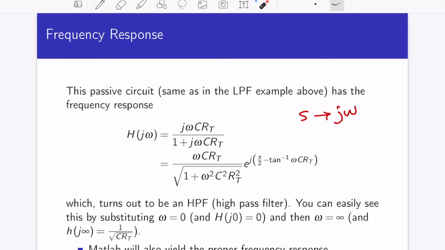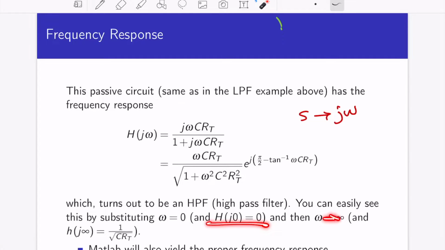We can actually tell this. It's kind of a rough check, right? We can figure this out by looking at what happens when we plug in 0 for omega. So we plug in 0 for omega, we get 0 over 1, square root of 1. So that means that H of J omega will be equal to 0.